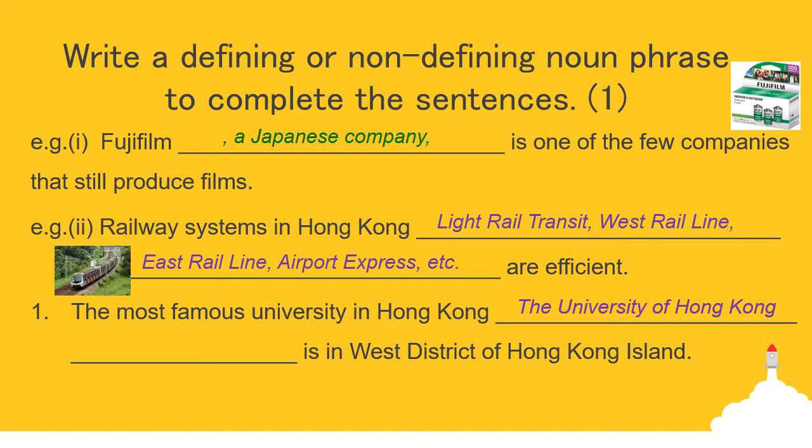The reason is that the subject is the most famous university in Hong Kong. Although there is a superlative adjective, still it is not specific. It's not explicit enough for the readers to tell which university it is about. So therefore, the answer should be a defining noun phrase, and there is no comma before or after the noun phrase.